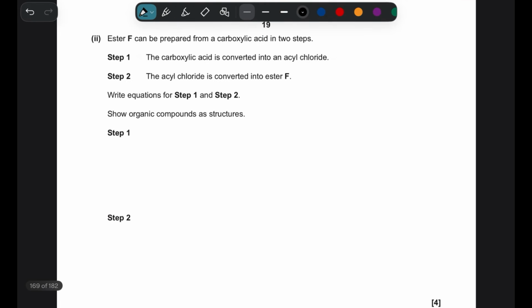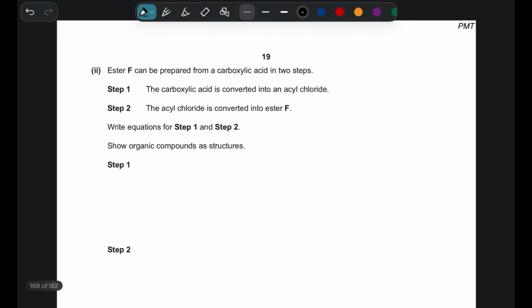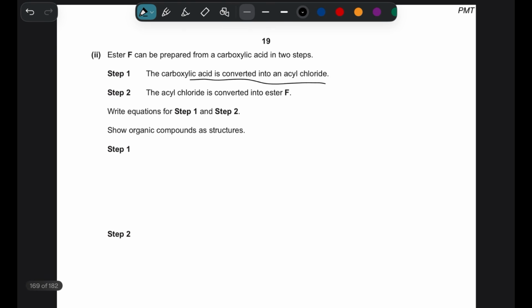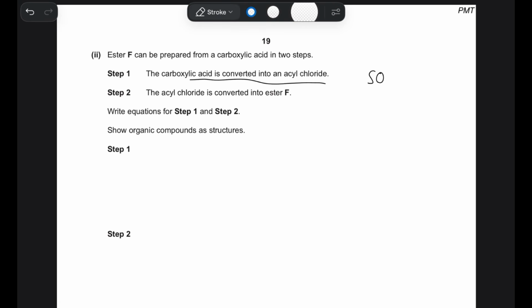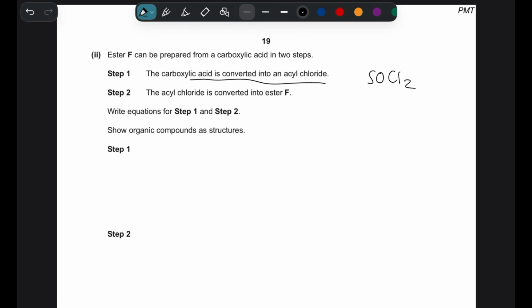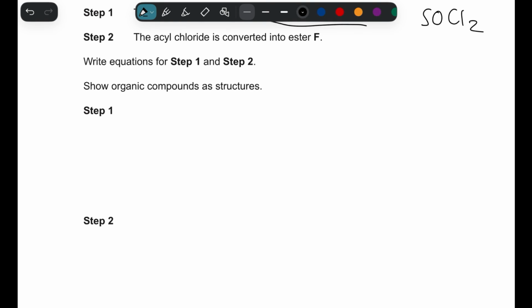Okay, so in terms of this reaction forming the ester that we saw in the last question, you just need to know about how we get from the carboxylic acid to the acyl chloride, and then we'll be able to get to the ester. So what you'll need to know is we need to use this molecule, thionyl chloride, SOCl2. So we're literally going to draw out what we had.